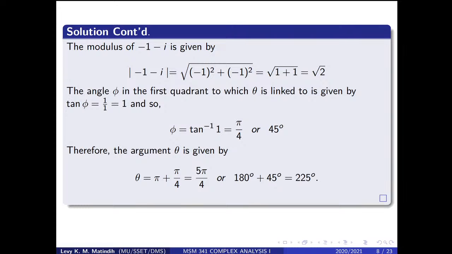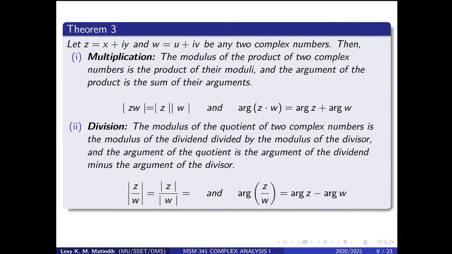So this is how we can find the argument and the modulus of a given complex number with respect to the formulas that we've learned. Now, the next piece of information this theorem is trying to tell us is the relationship between the modulus and the argument of given complex numbers, which relates to the product and the quotient.